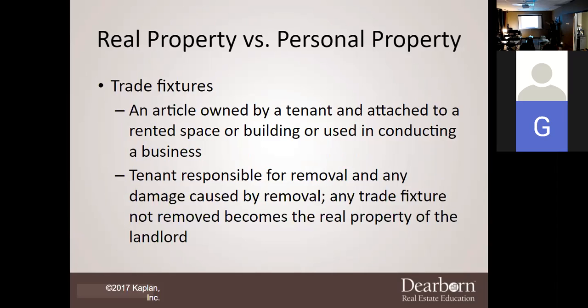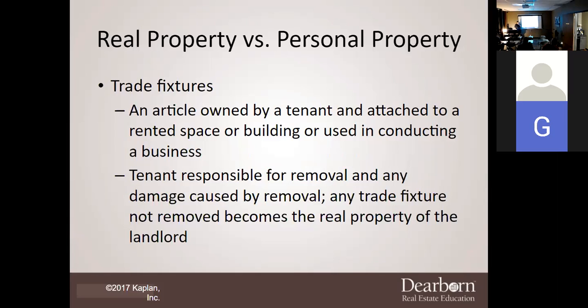Now, if he put a big old brick structure in your building, Mr. Eugene, do you want him to destroy that? I didn't want it to begin with. Yes, I do. He said, if I didn't have it, I would want him to tear it down. But if it was there, I don't want him to take it. What happens in this situation is Mr. Wyatt can take it with him.